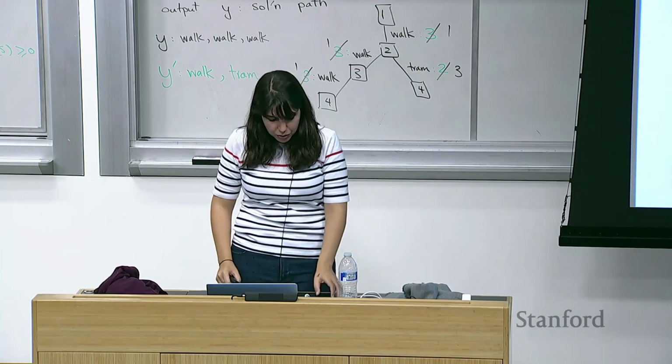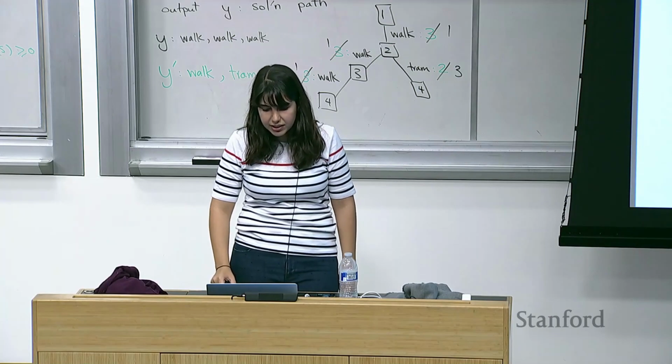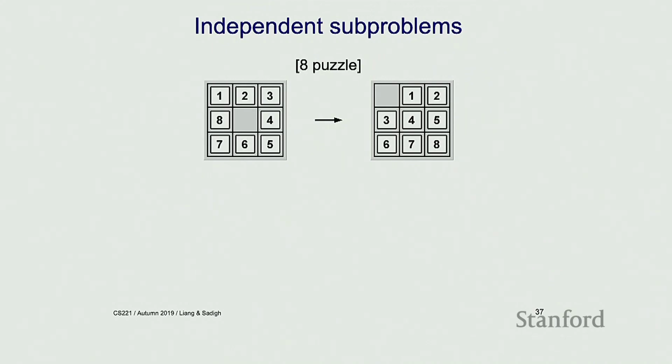Another cool thing that heuristics give us is this idea of having independent subproblems. Here's another example. I want to solve this 8 puzzle and move blocks here and there and come up with this new configuration. That seems hard again. A relaxation of that is to just assume that the tiles can overlap. The original problem says the tiles cannot overlap.